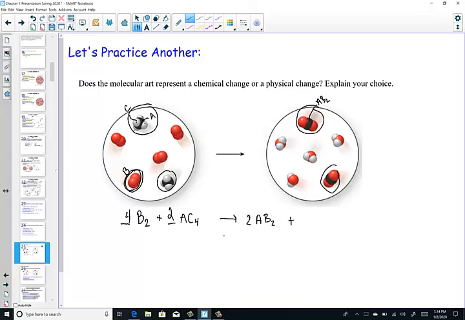And what else? This red atom that we called letter B now has 2 of these white atoms that I called letter C bonded to it. So that compound can be expressed as BC sub 2, and I have 1, 2, 3, 4 of those.